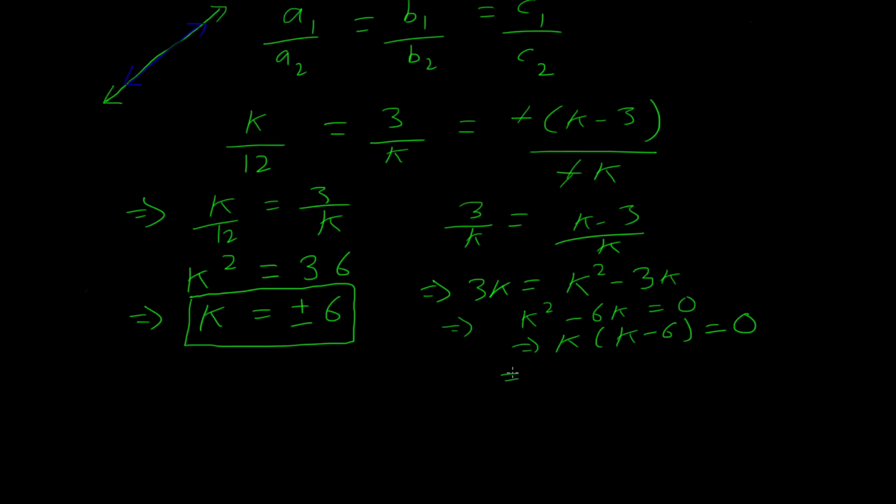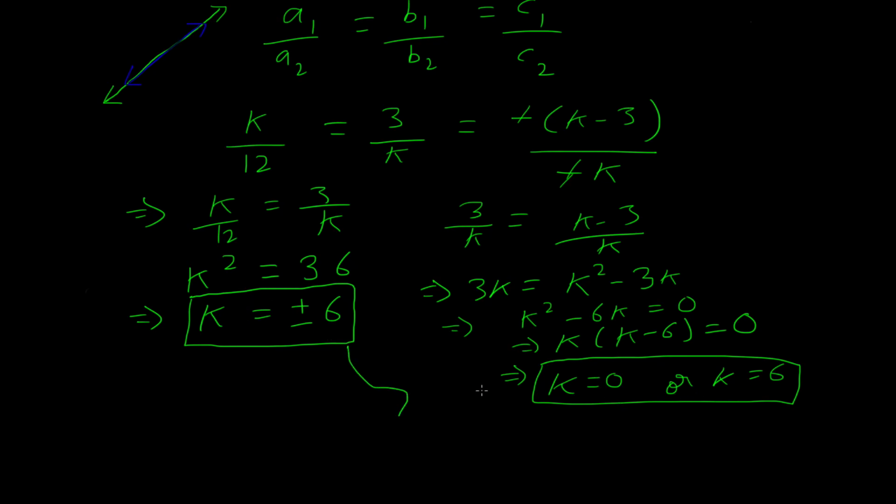What this implies is that k can be either 0 or k is equal to 6. So from the first part we got k can be either plus 6 or minus 6. From the second part we got k can be either 0 or 6.